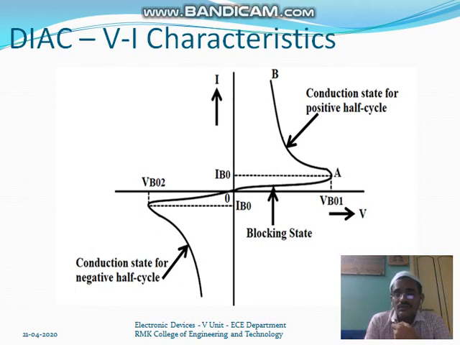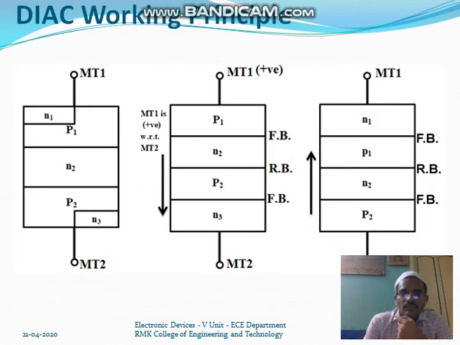Now this is the VI characteristics of the DIAC, where you will have MT1 connected to the positive terminal and MT2 as the negative terminal. Now when you apply a voltage between MT1 and MT2, the current will be flowing very slowly from MT1 to MT2.